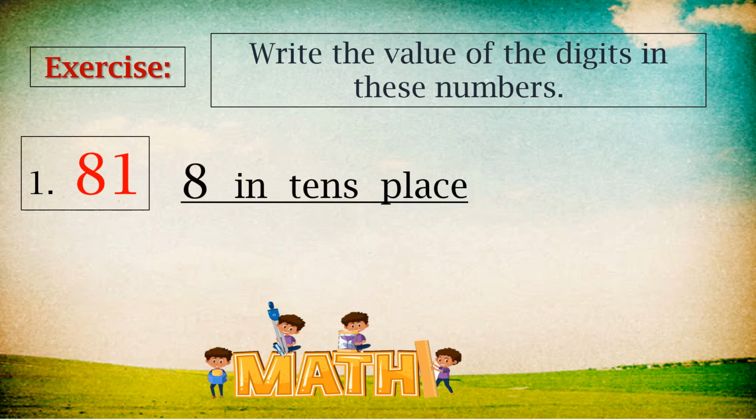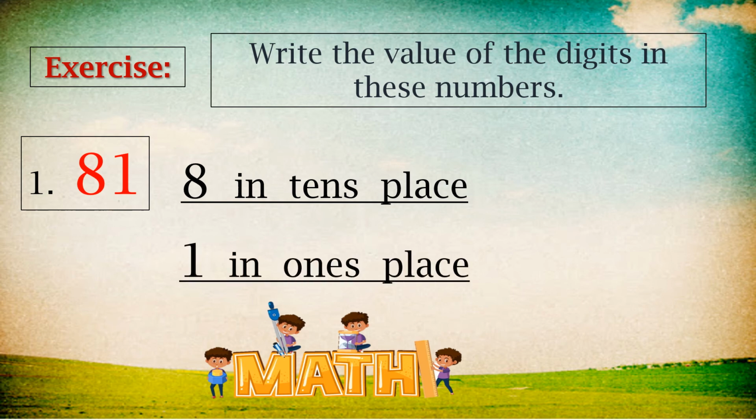So 8 in tens place, 8 tenths. And 1 in ones place, 1 one. 8 tenths is equal to what? Good job. 8 tenths is equal to 80. 10 plus 10 plus 10 plus 10 plus 10 plus 10 plus 10 plus 10 is 80.